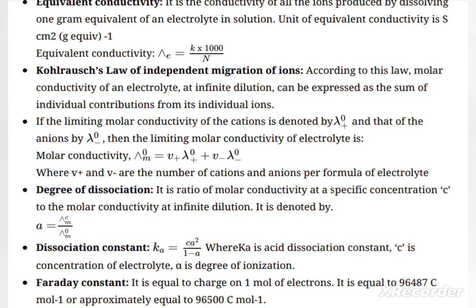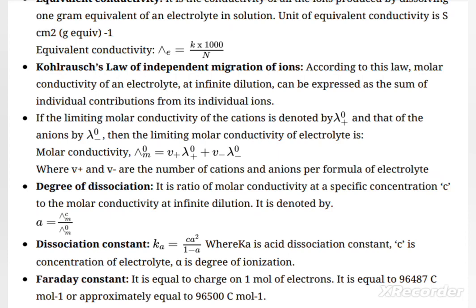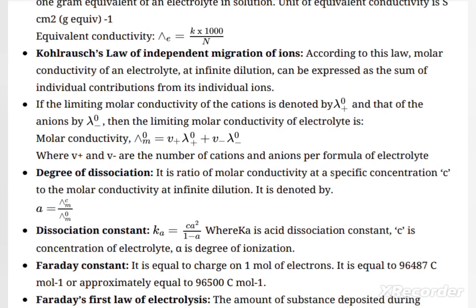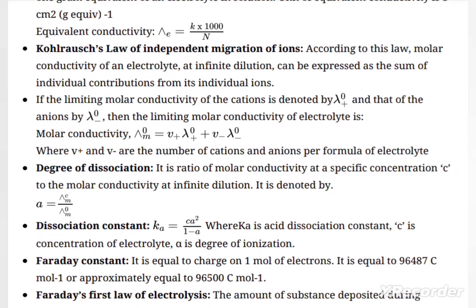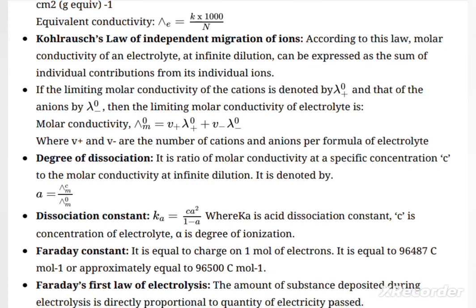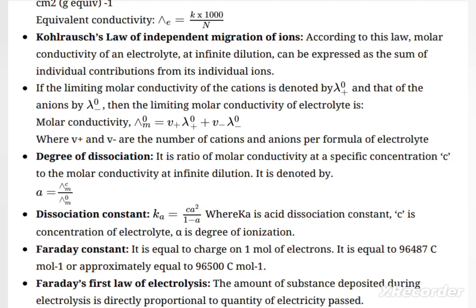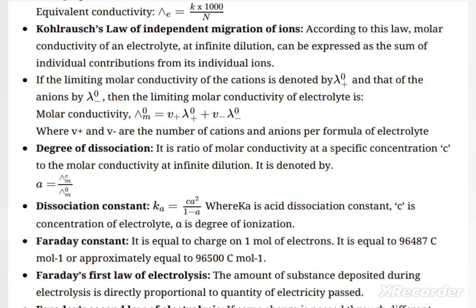Kohlrausch's law of independent migration of ions. According to this law, the molar conductivity of an electrolyte at infinite dilution can be expressed as the sum of individual contributions from its individual ions.